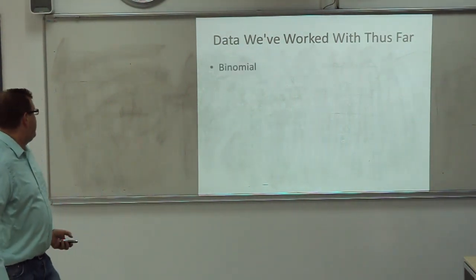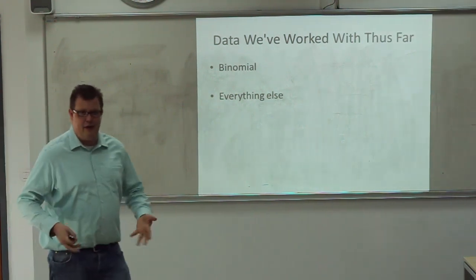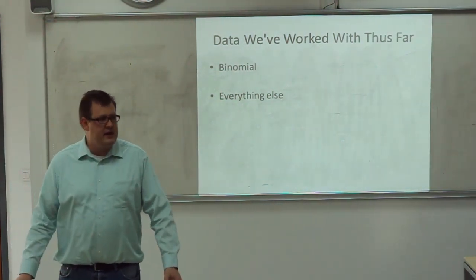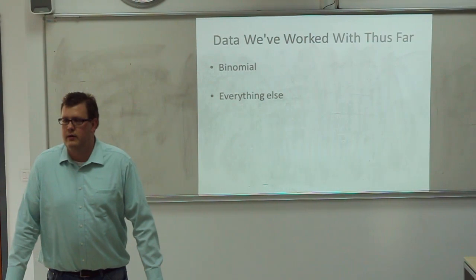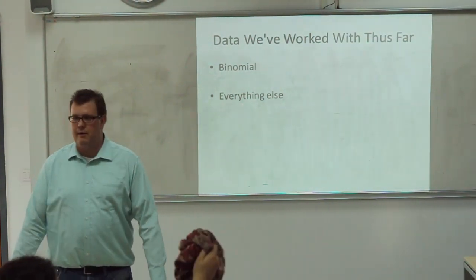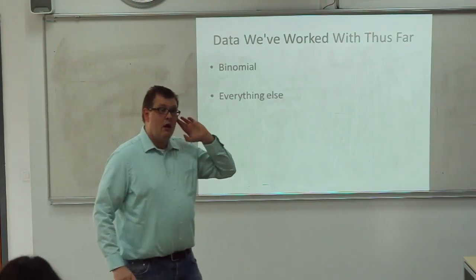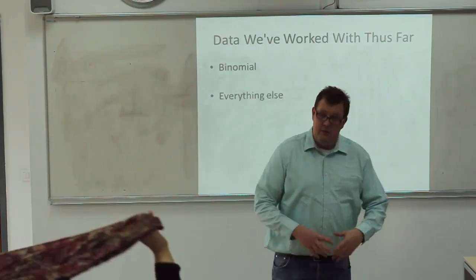So far we've talked about binomial. We've also talked about everything else. What type of data were we dealing with in the binomial? The data that we were analyzing. So the variables were random.